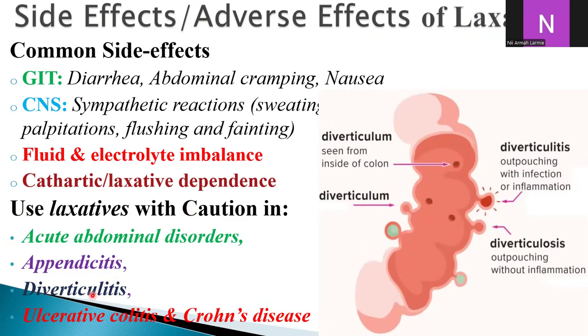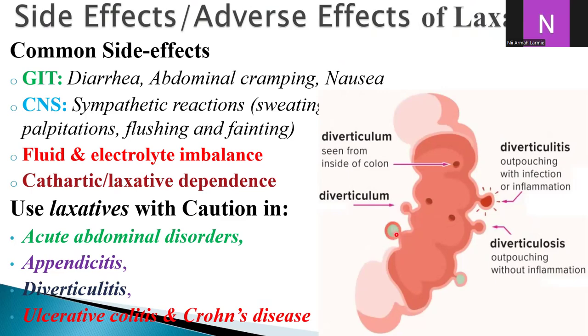So patients with appendicitis, inflammation of the appendix, patients with diverticulitis, which basically is inflammation. Sometimes it can be infected, other times it's not. But this is the colon, and you can see these out-pouches being formed in the colon.